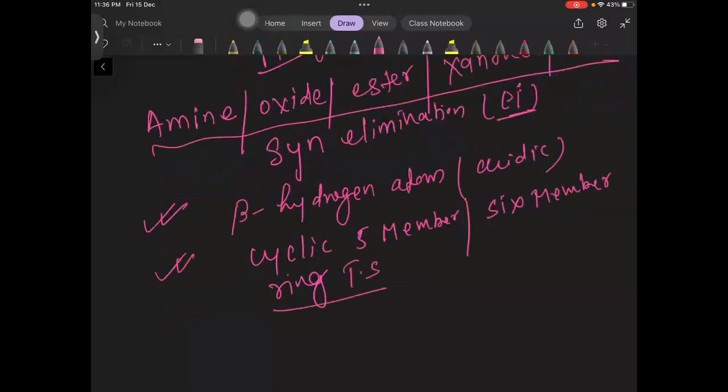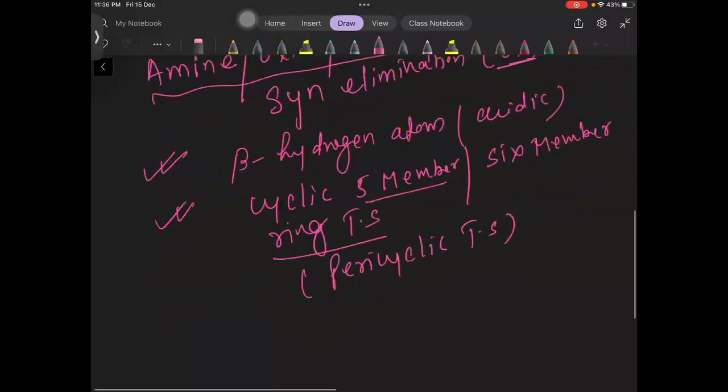Students, that 5 or 6-member cyclic transition state is called pericyclic transition state.